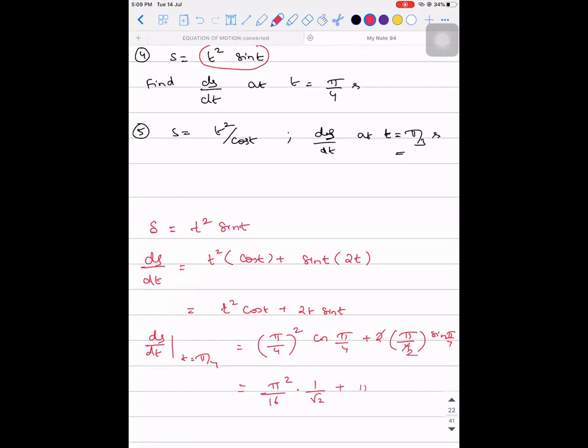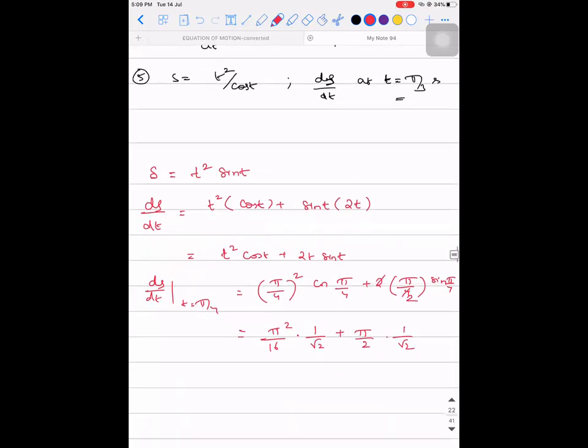Plus this and this will get cancelled. Pi by 2 into sin pi by 4 is also 1 by root 2. So the answer will be pi square divided by 16 root 2 plus pi divided by 2 root 2. So this is going to be the final answer, right?